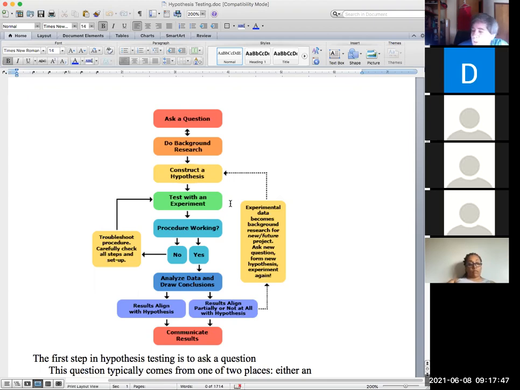So you could come up with a hypothesis today that's not very scientific. We can't do an experiment, we can't disprove it. But 100 years from now or 200 years from now, when the technology improves, we might be able to test your hypothesis. For instance, when Einstein developed his theory of relativity, there were some experiments that he proposed that there was no way to do back at that time.